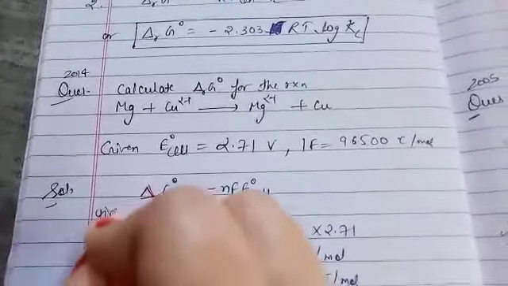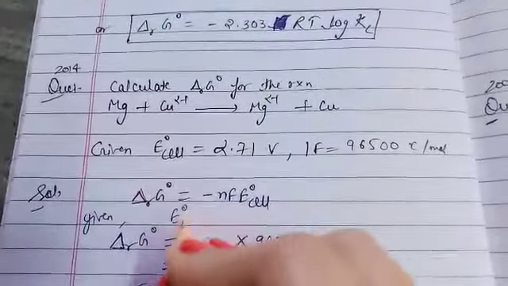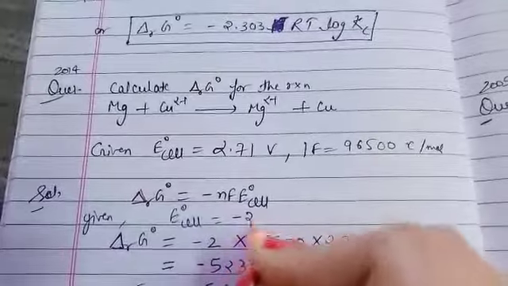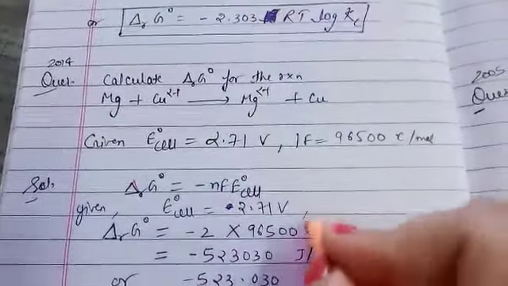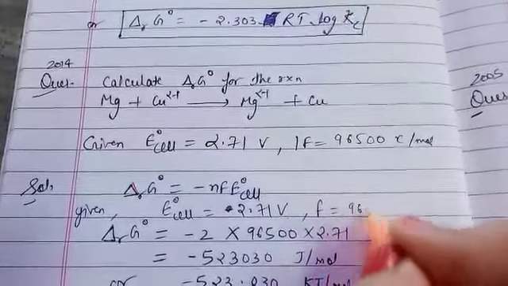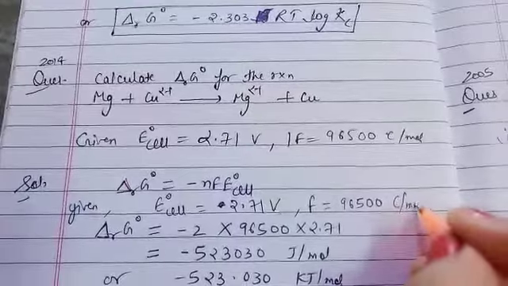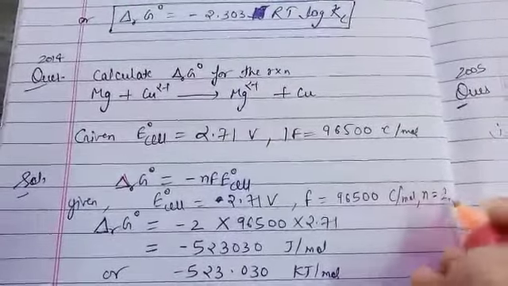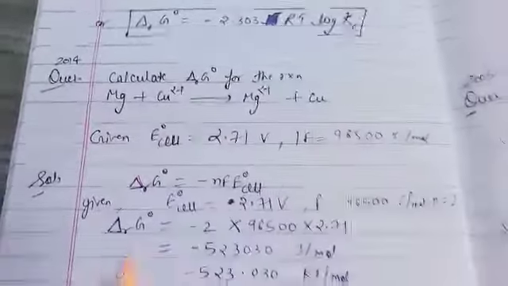You have to write: E naught cell is given, 2.71 volt, F is given, 96500 coulomb per mole, and n is equal to 2. With the help of this equation you can calculate. Now put values.